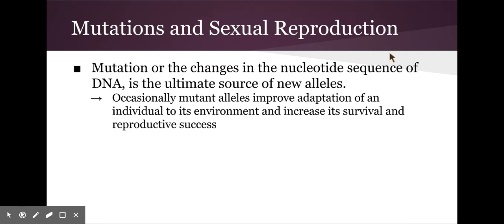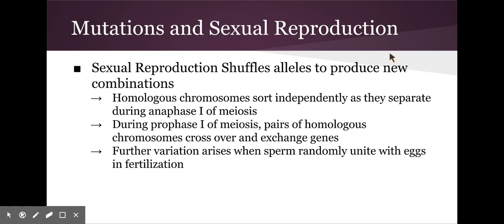So we have mutations and sexual reproduction, which are going to help with this change. And mutation, or the change in the nucleotide sequence of the DNA, is the ultimate source of our new alleles.